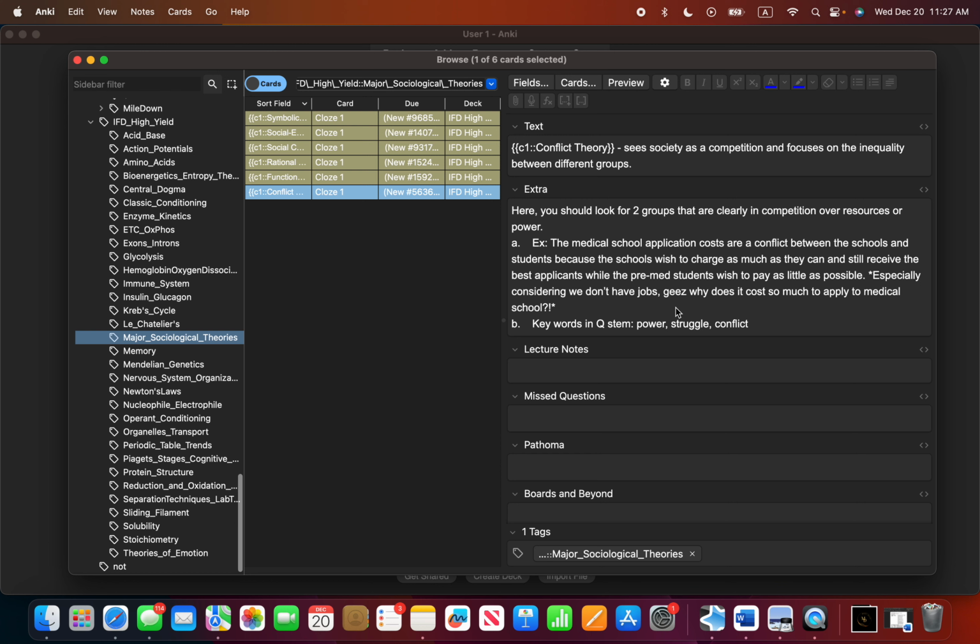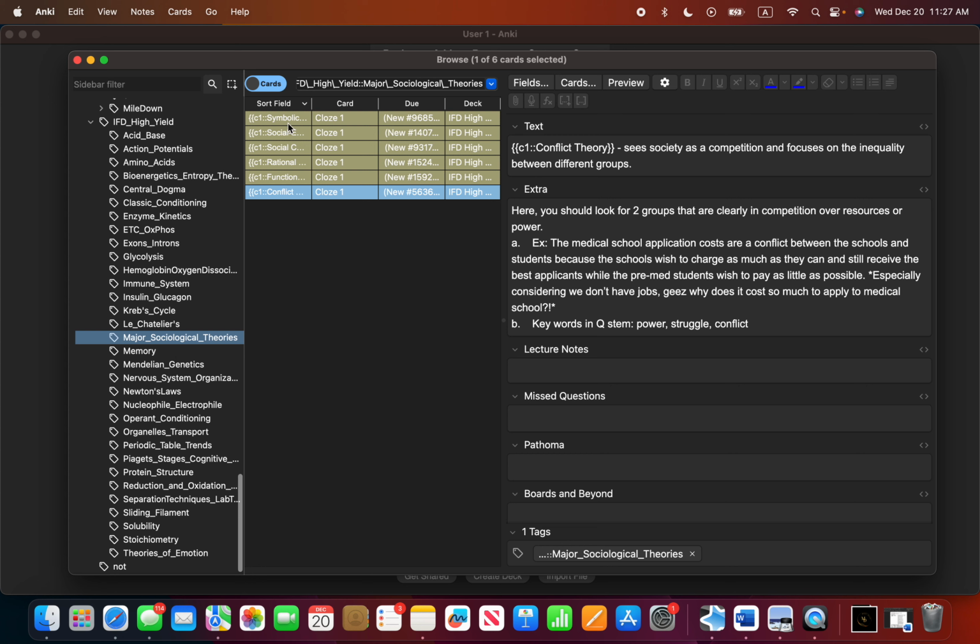If it's money, you can say yes. Both students and schools want money: the schools will take as much money as they can, and students will give as little as they can.